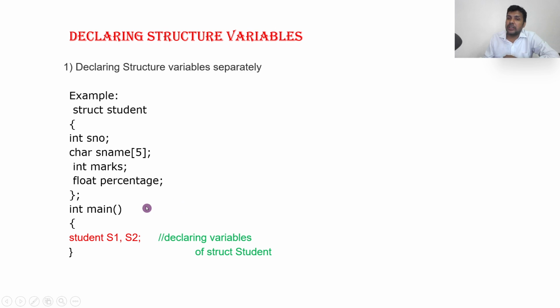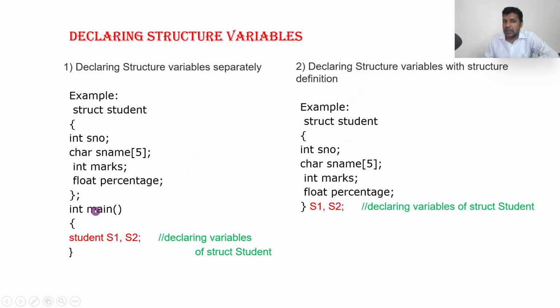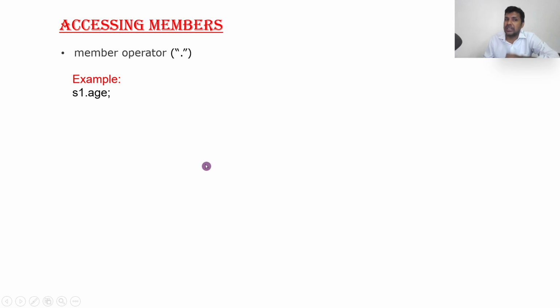You can also declare directly in the structure. Instead of going into the main program and declaring s1 s2 there, you can also directly declare: at the end, before the semicolon, you can write s1 comma s2. So this is how you can declare the variables, either in the main program, or else within the structure at the end.